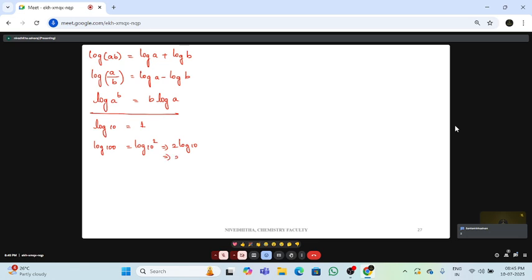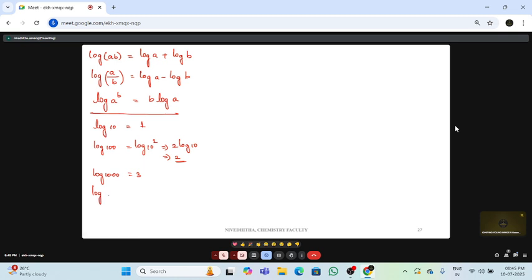Here log 10 is 1, so it is 2. So log 10 is 1, log 100 is 2. What will be the value of log 1000? 3 log 10, as 10 power 3, which is 3, right? These are things you don't need to memorize. If you know the value of log 10 is 1, then automatically we can calculate this.